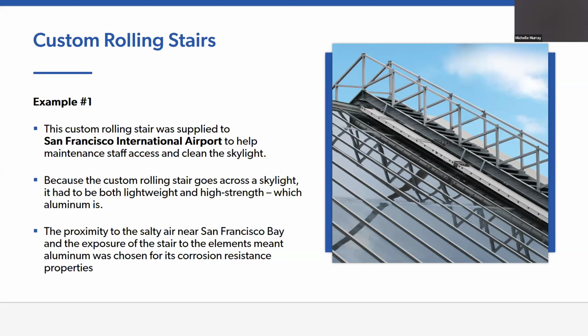If you're ever in the Delta terminal, go ahead and look up and you'll see it. It needed to go across a skylight, so it needed to be lightweight and high strength. And it's right on the San Francisco Bay, so it needed to meet corrosion resistance. So this was the perfect application for an aluminum rolling stair.